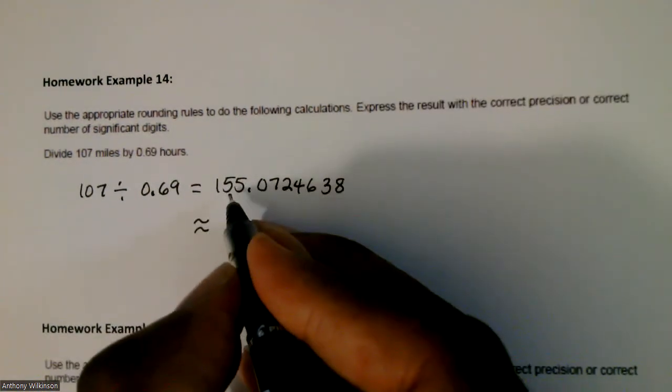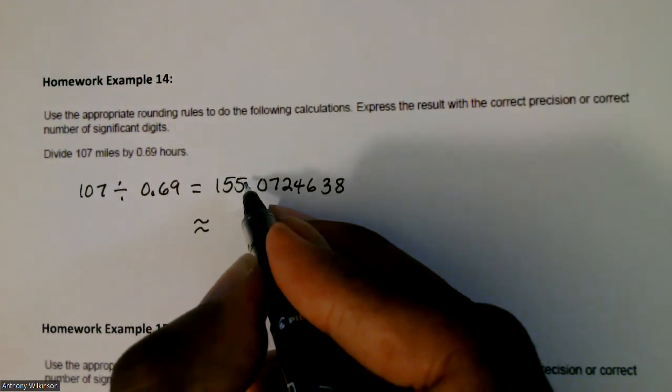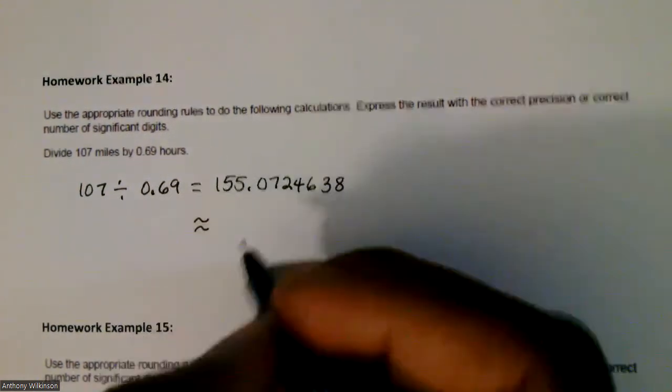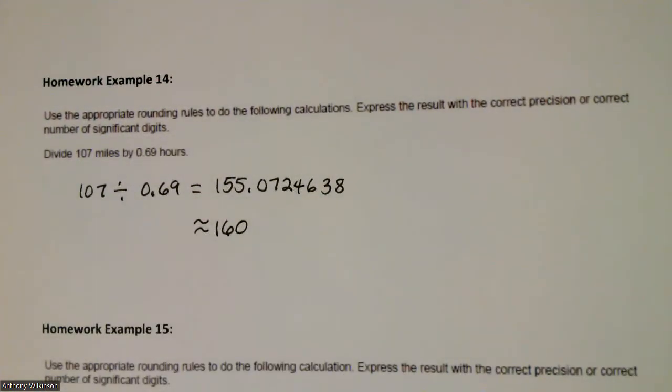Here's the first and here's the second significant digit. That's a 5. To the right of that is a 5. That's 5 or greater, so this 5 increases to a 6. So it'll be 160, in miles per hour. So if you are to answer that question correctly, your speed would be 160 miles per hour, approximately, to 2 significant digits.